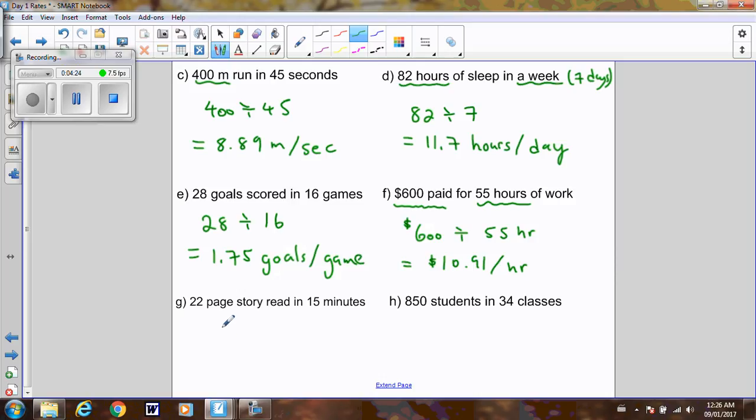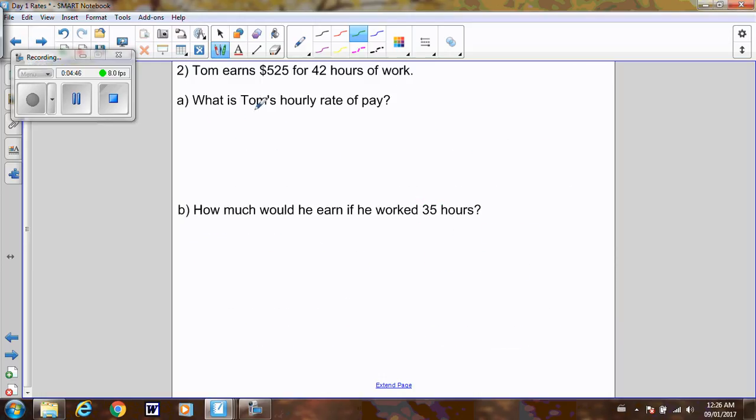Okay, so the answer for this one is 1.5 pages per minute. And the answer for this one here should be 25 students per class. I hope you got the right answer for them. Okay, a couple more.